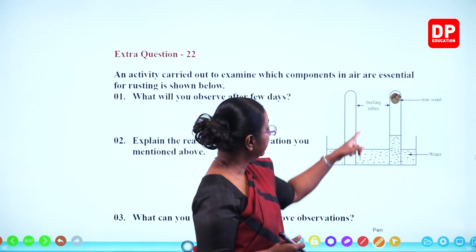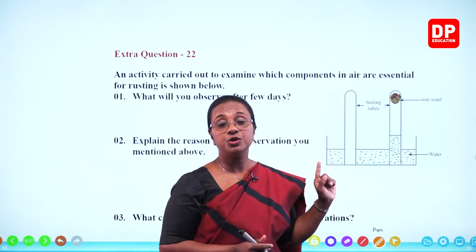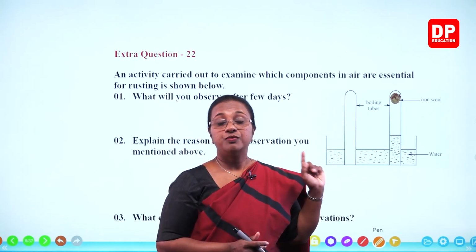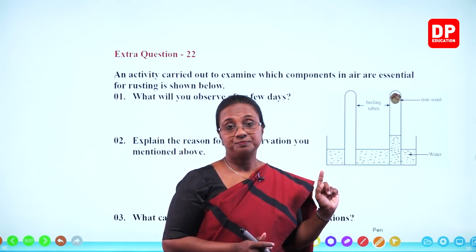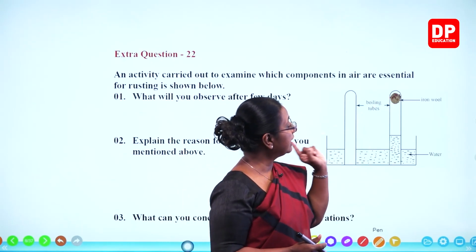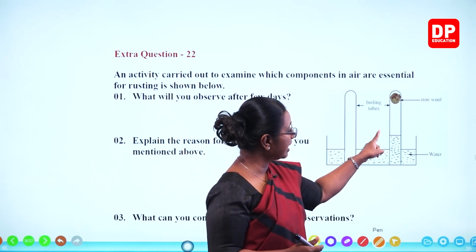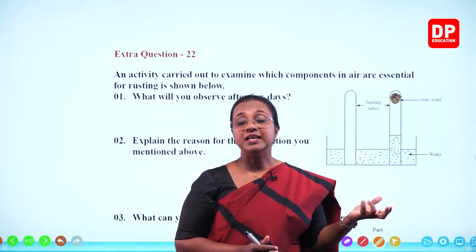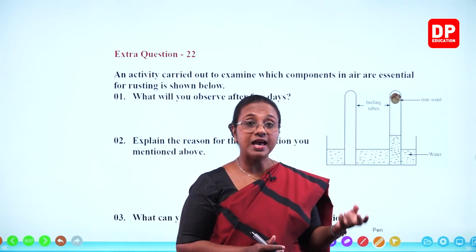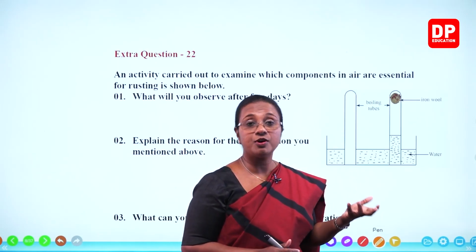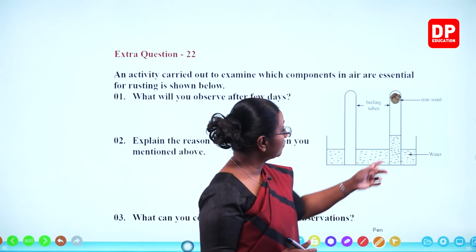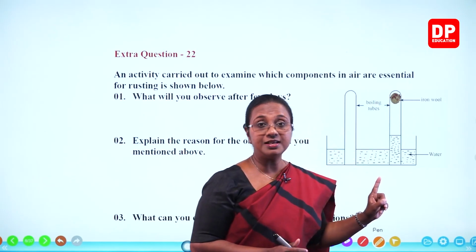And here, of course, there will be no change. So from that, what can you understand? There was iron wool, then there is air, there is vapor in air. So that means both air and water are there for rusting. So that is why the iron wool has rusted.